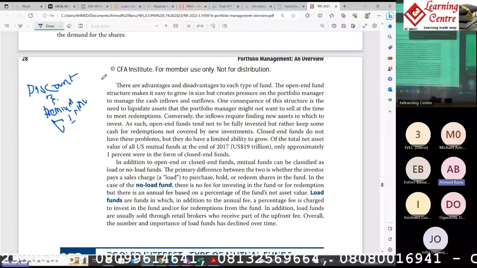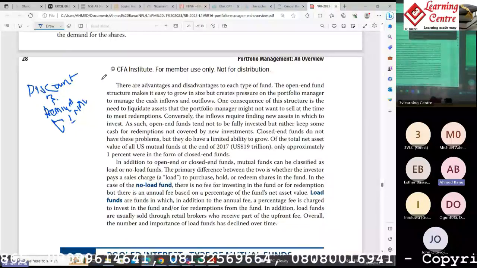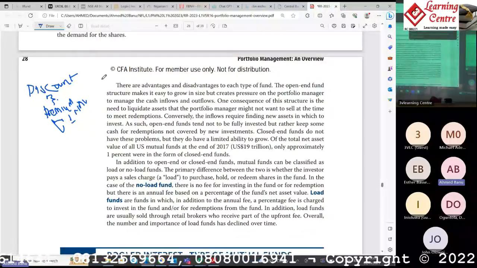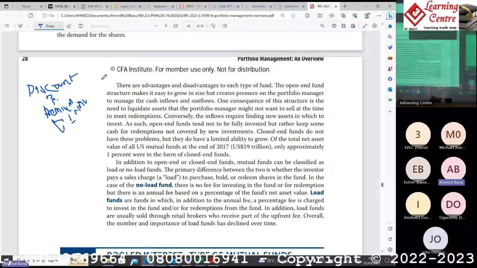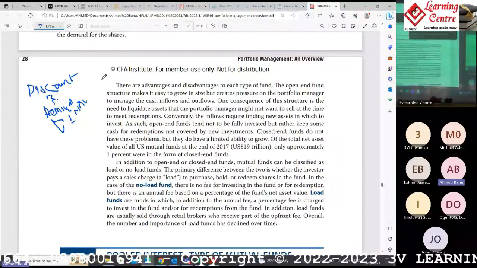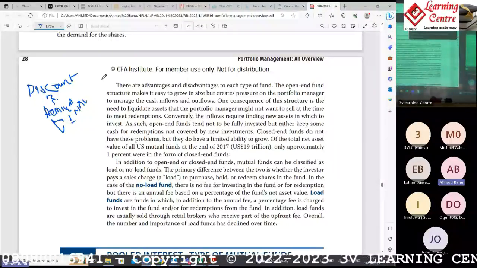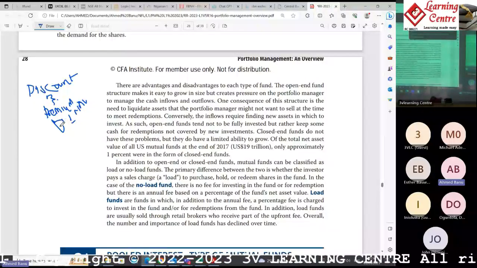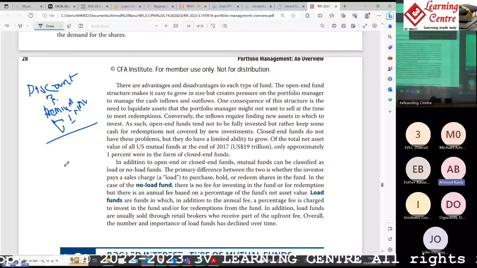The reason this happens is the performance of the fund manager. If the performance is good, she might sell it at a premium. If the performance is poor, she might sell it at a discount. So always remember the premium and discount to NAV situation for closed end.